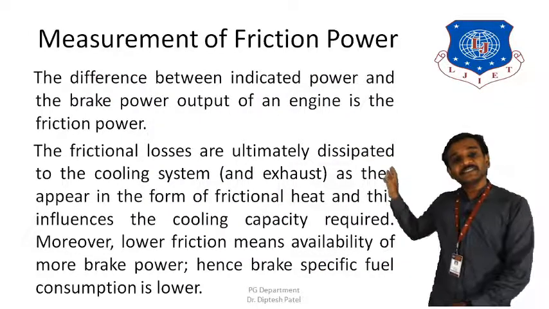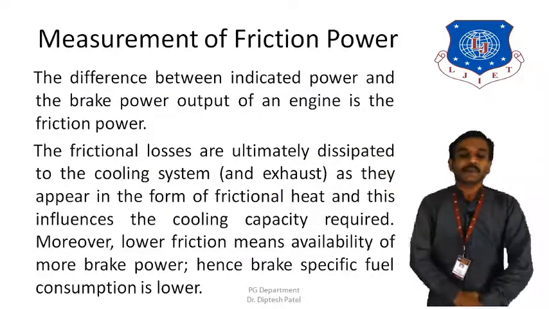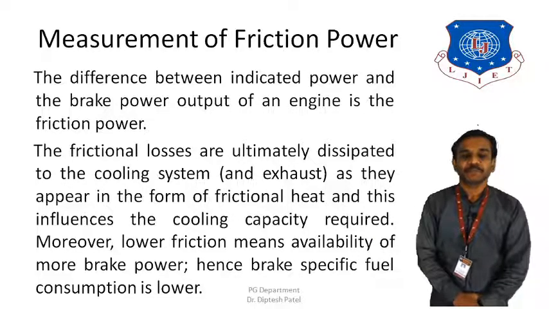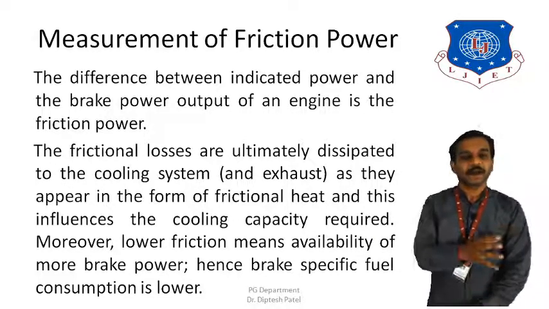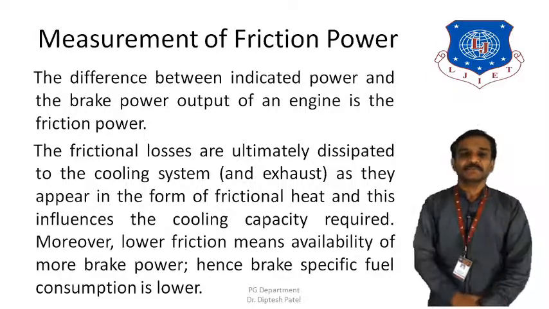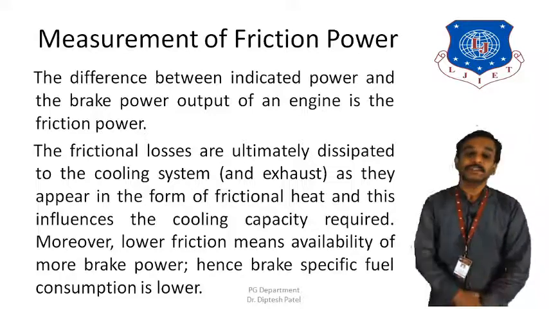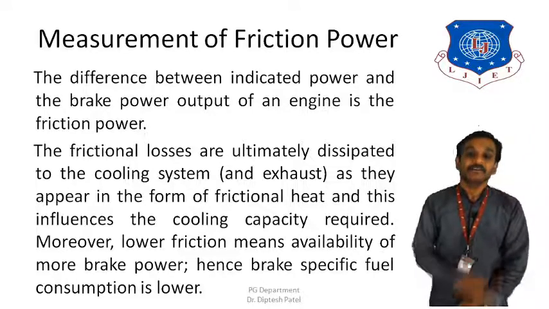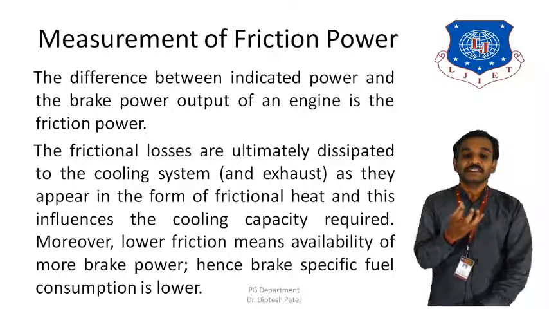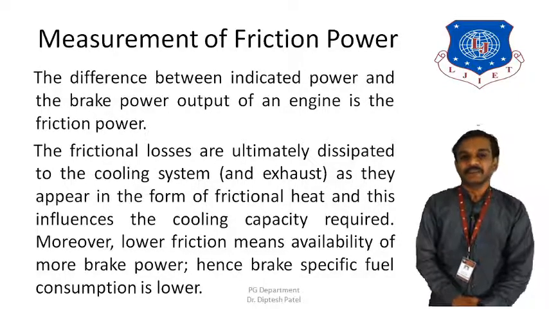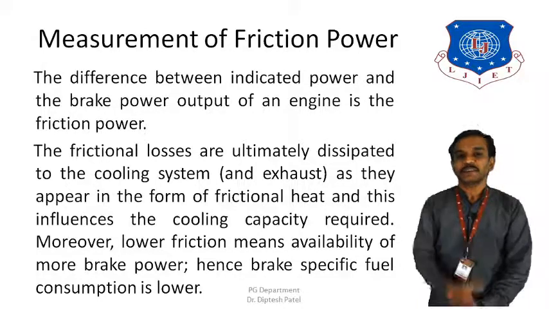The next parameter that we are going to see is friction power. So far we have seen the various instruments to measure the brake power. Now we are going to see the friction power. We know that friction is considered an enemy in engineering, because in most cases it is not useful.